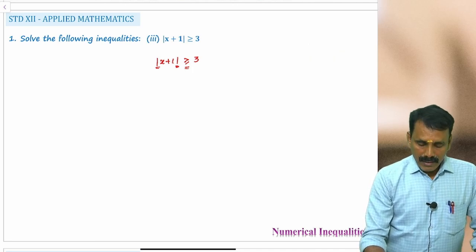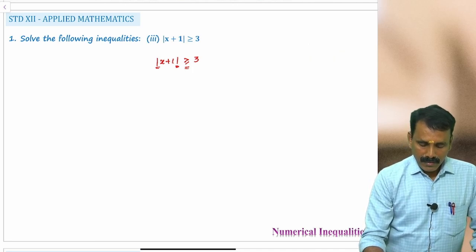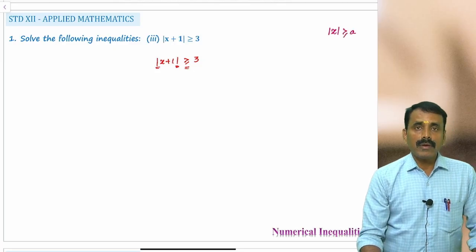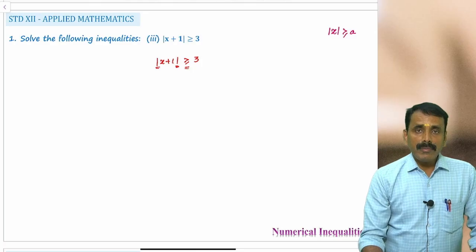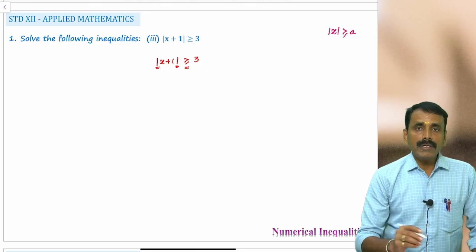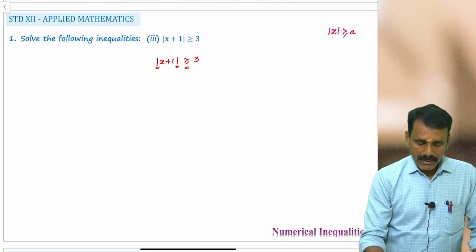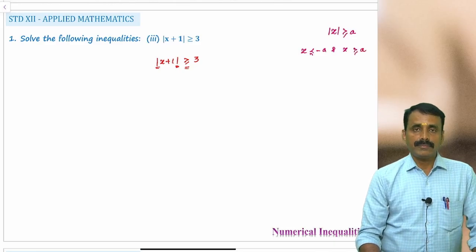Whenever we have the inequality mod x greater than or equal to a, this inequality will be split into two inequalities. One is x less than or equal to minus a, and the other one is x greater than or equal to plus a.